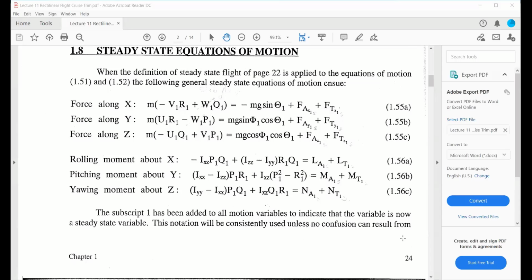We set P, Q, and R to 0. And so we knock out those terms, and then we do it in the stability axis. So we knock out those terms as well. So these are the terms that we're going to be knocking out.